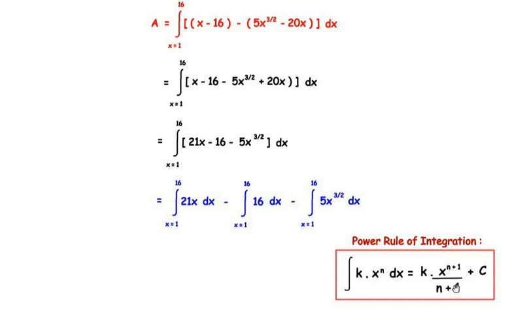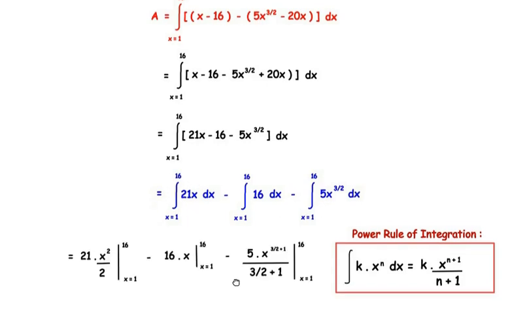So the same power needs to be written in the denominator. Plus c. This is the constant of integration which occurs for indefinite integrals where we do not have the limits given to us. Now since this is definite integration, because we have the values of the limits, we do not need this plus c over here.